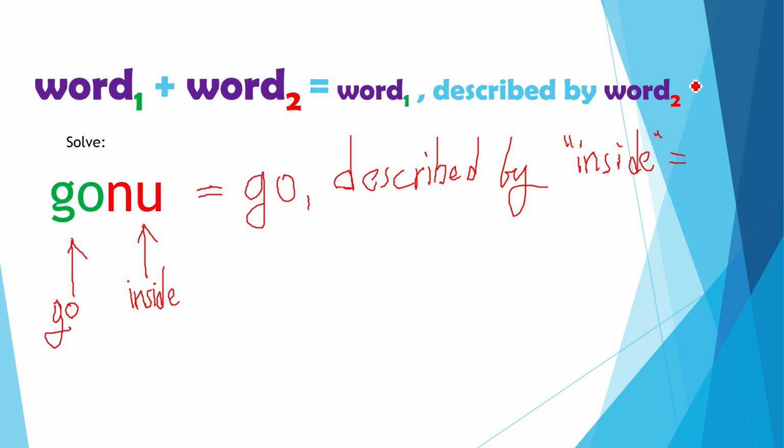Remember that this is the general rule, and it doesn't give you 100% specific information on how exactly described by works, because this described by link is actually more specific in the rules, and we'll talk about that later. But yeah, it just simply means go inside, really. So for example, go inside the store, or usually, as we say in English, enter.